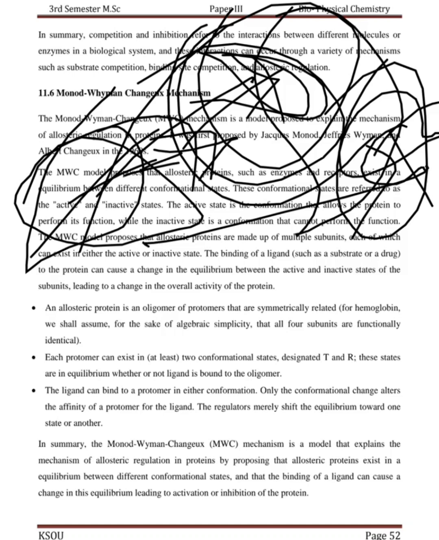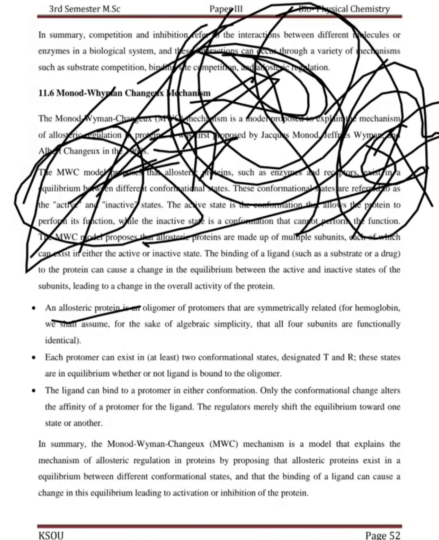So here the allosteric protein is an oligomer, with protomers that are symmetrically related, and it is in the form of hemoglobin.